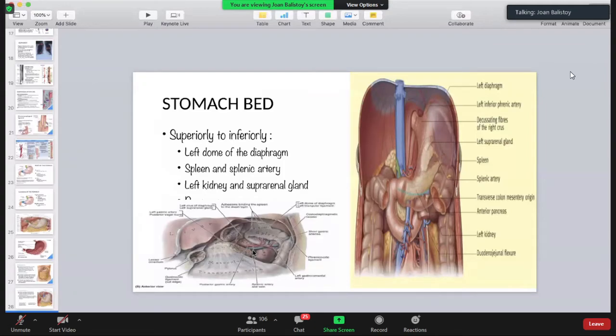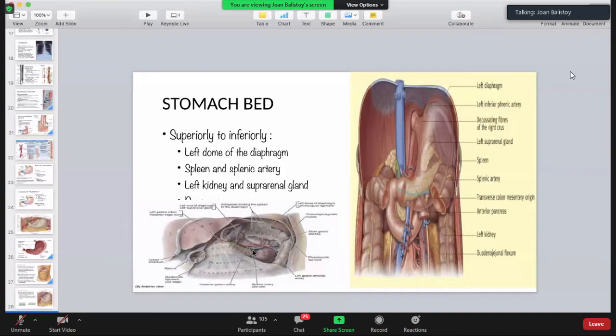Now, what supplies the stomach? It is the celiac trunk. What drains the stomach? The right and left gastric vein drains to the hepatic portal vein. Okay? And it's important for you to know what will comprise your portal vein.